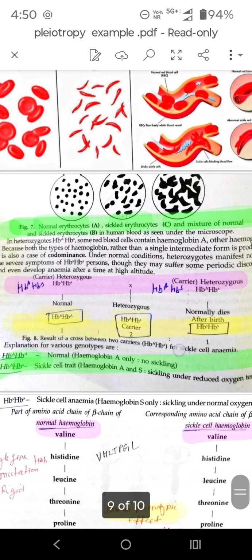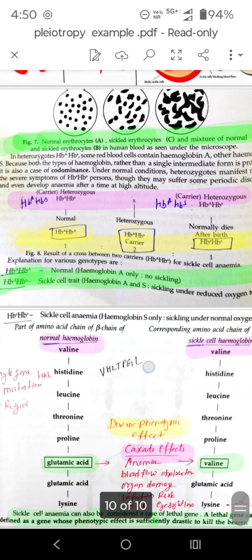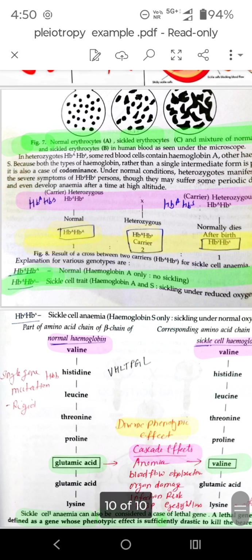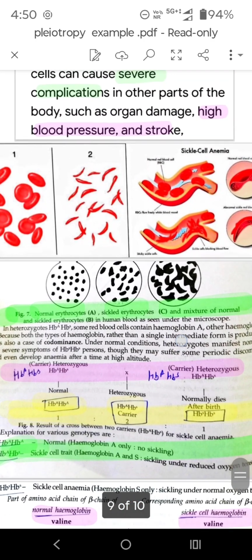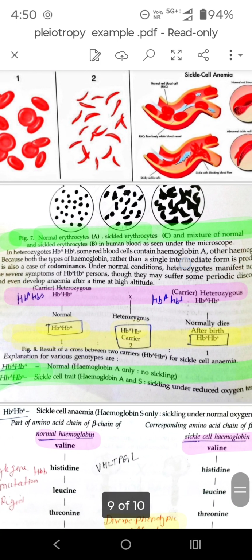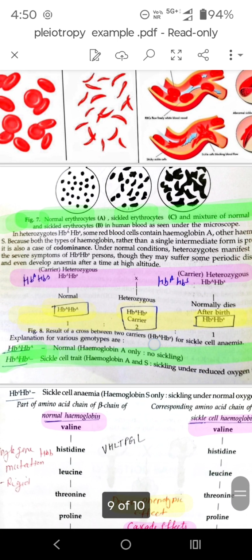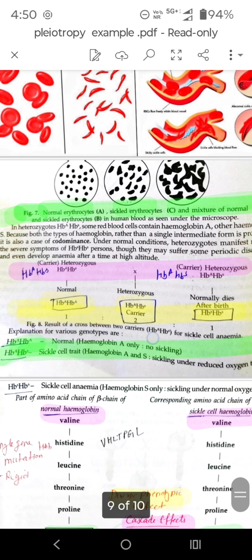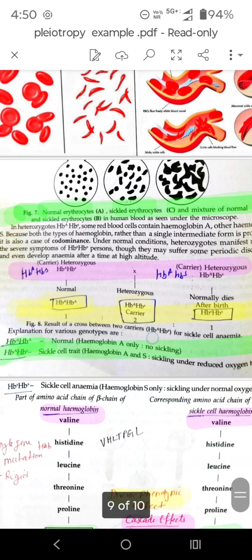You can see these crosses, the gene that is changed, the cascade effect, and the overall effect on other organs also. This is how you can demonstrate sickle cell anemia, by giving examples of a cross between a carrier and normal, and between two carriers.